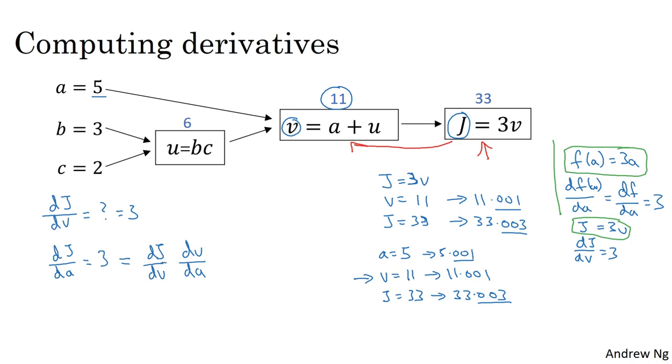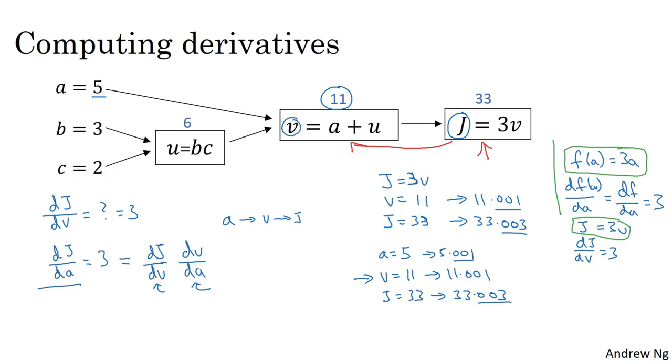So in calculus, this is actually called the chain rule, that if a affects v affects j, then the amount that j changes when you nudge a is the product of how much v changes when you nudge a times how much j changes when you nudge v. So in calculus, again, this is called the chain rule.